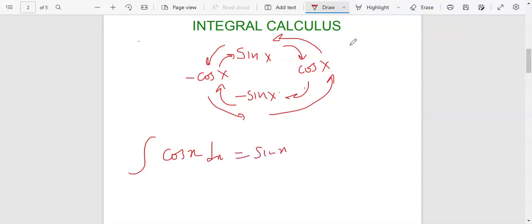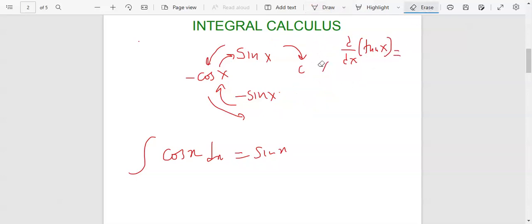Now remember we said the derivative. What was the derivative for tan? d over dx of tan x. What did we get? Can you remember?